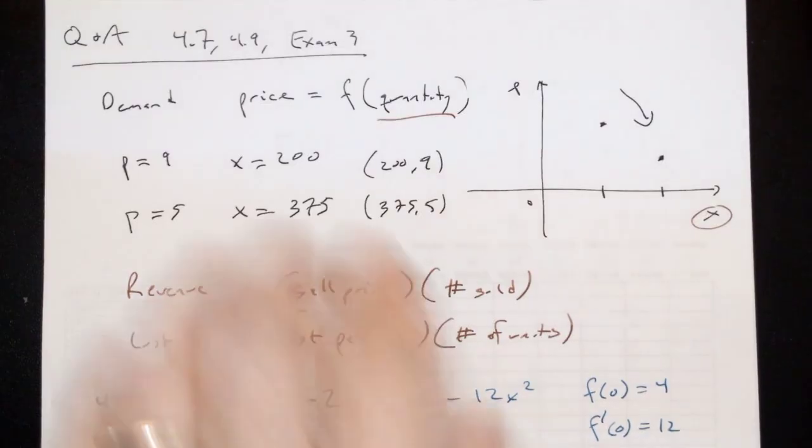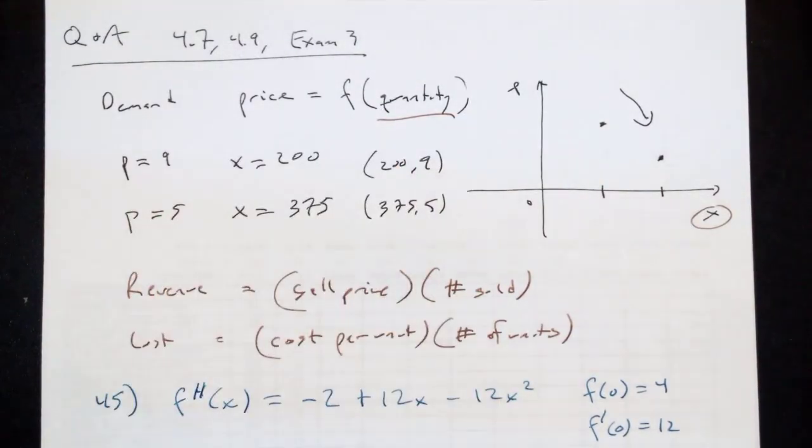So the equation is written this way rather than quantity as a function of price. Again, the economists decided that quantity would be the variable I'm thinking about as opposed to price being the variable I think about. So I need to write it as price is a function of quantity. Yes.